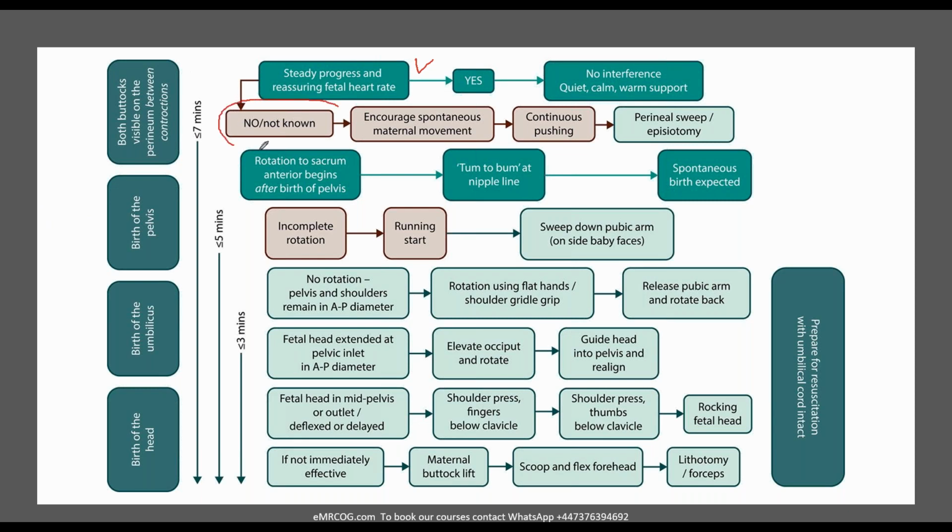If not, here comes the brown section. So if not, then encourage spontaneous maternal movement. So what is the first intervention that we will do in the physiological breech? Encourage spontaneous maternal movement.